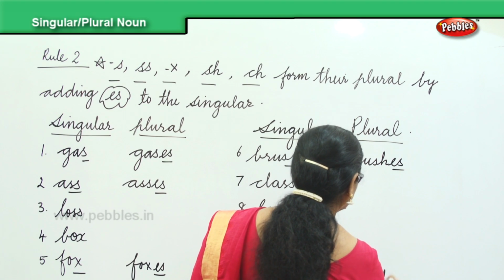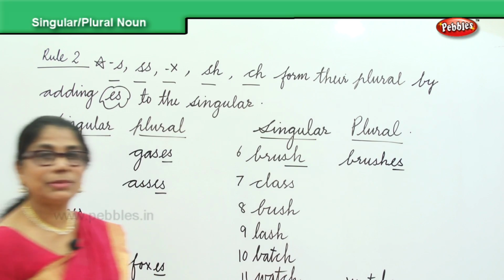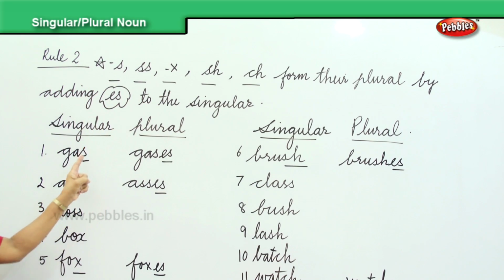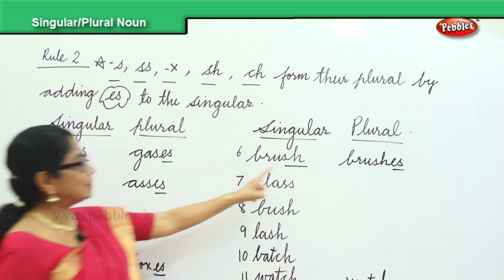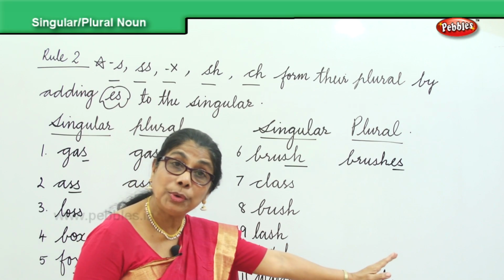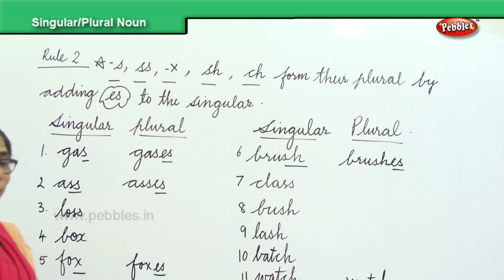Watch, and you add es, watches. You saw? So rule number 2 is the nouns ending in s, ss, x, sh, and ch. We form the plural by adding es to the singular. Now let's complete the rest. Loss, losses.